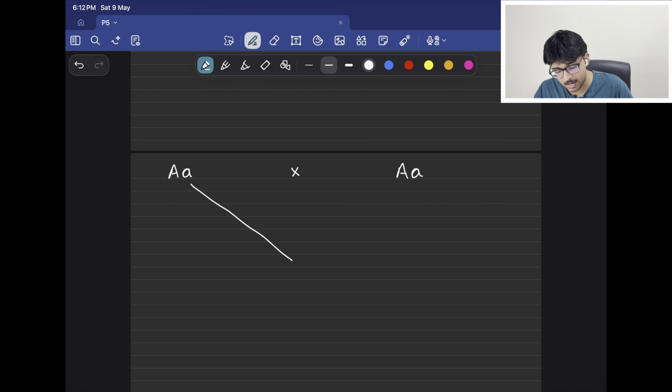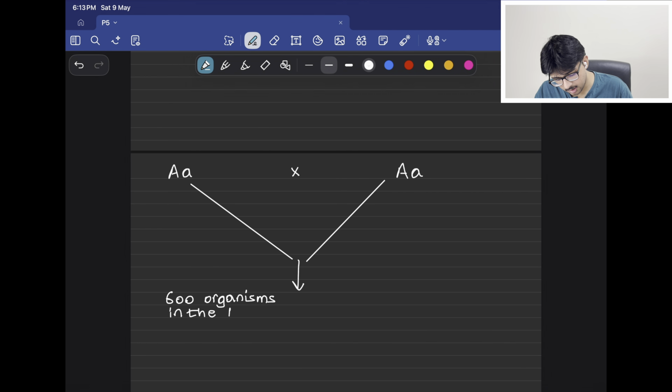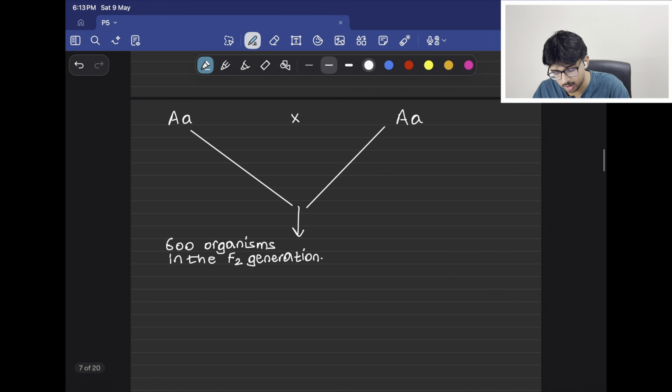Let's say I produce 600 organisms in the F2 generation. This is just my example. Let's figure out what the genotypes and phenotypes of the offspring in the F2 generation are going to be.